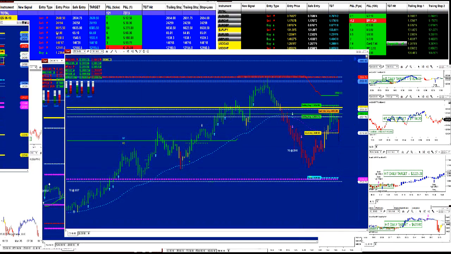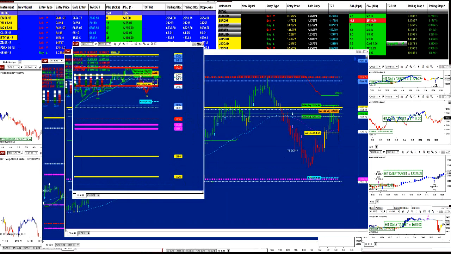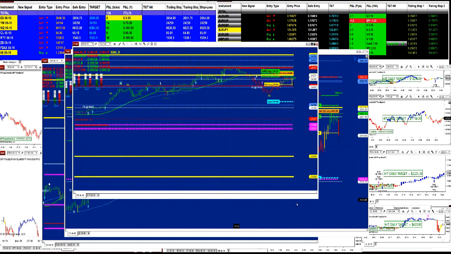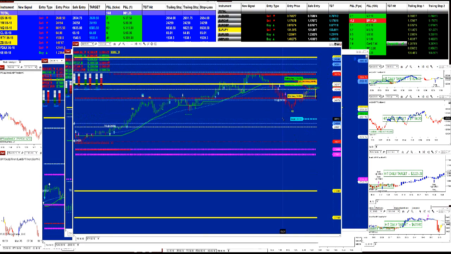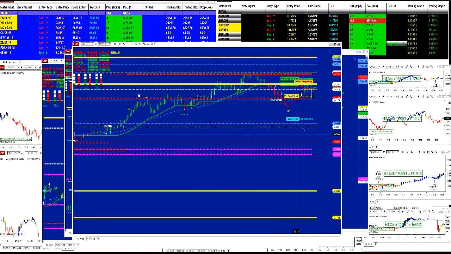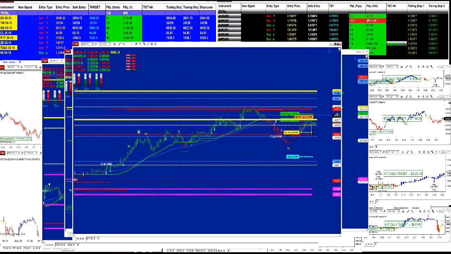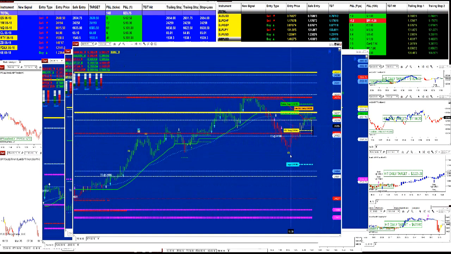The same story on the YM. If we look, this is also a very interesting one. We had the sell entry, but we didn't go all the way to the target.